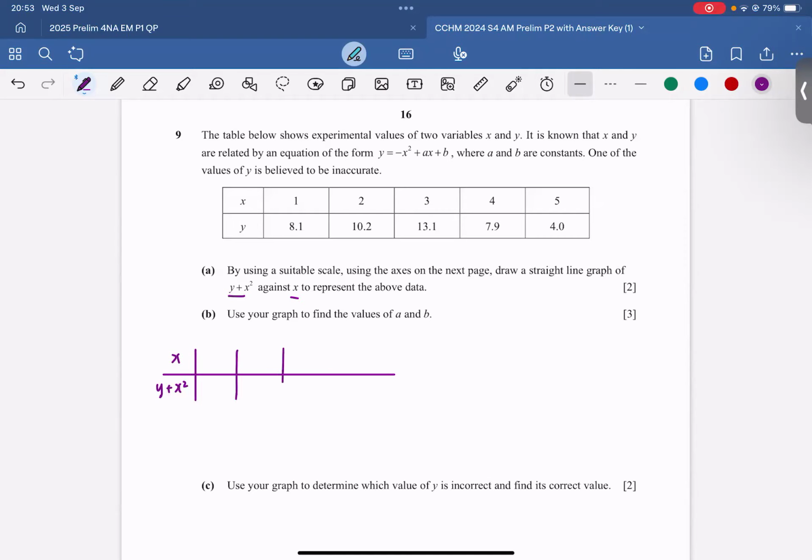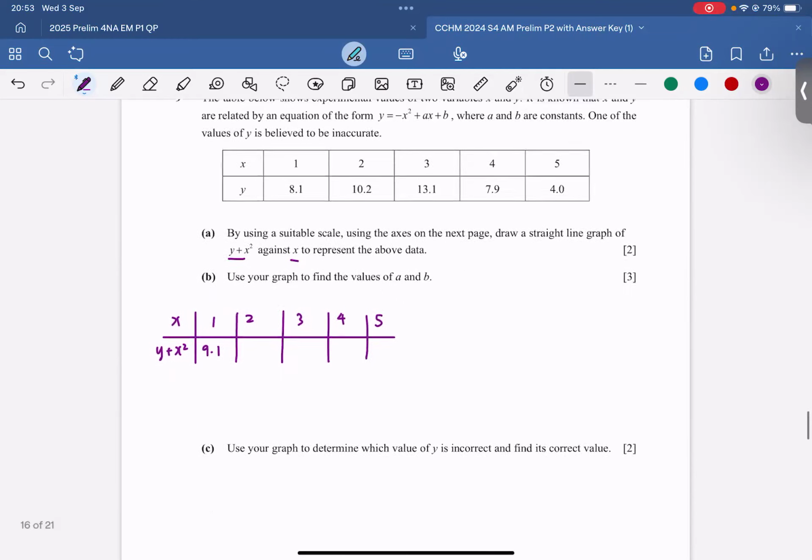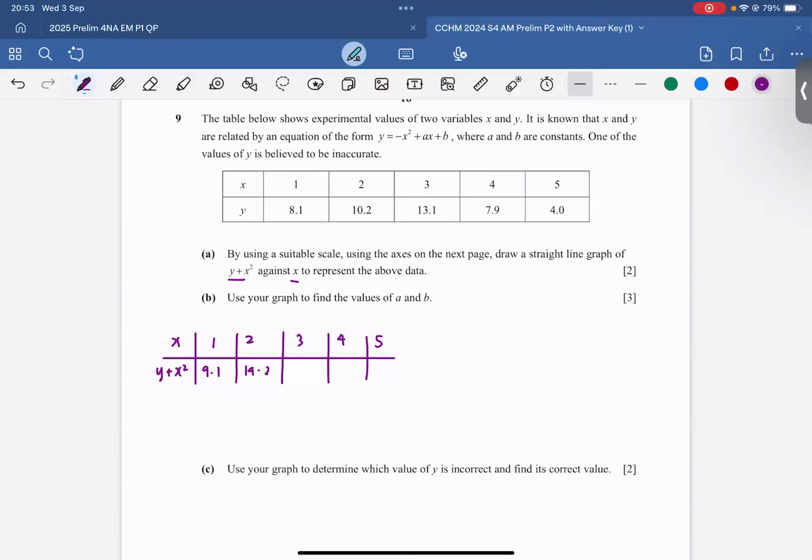So 1, 2, 3, 4, 5. So this is 9.1. This is 14.2. This is 22.1. This is 23.9. This is 25. This is 29.